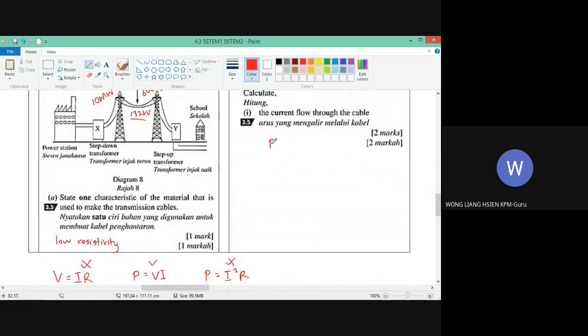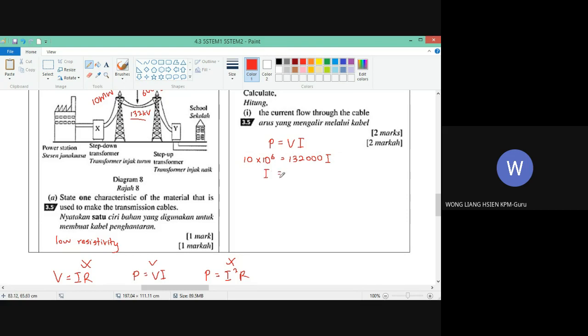P equals VI. So the power is 10 mega, 10 power by 6. The voltage is 132,000 times the current.